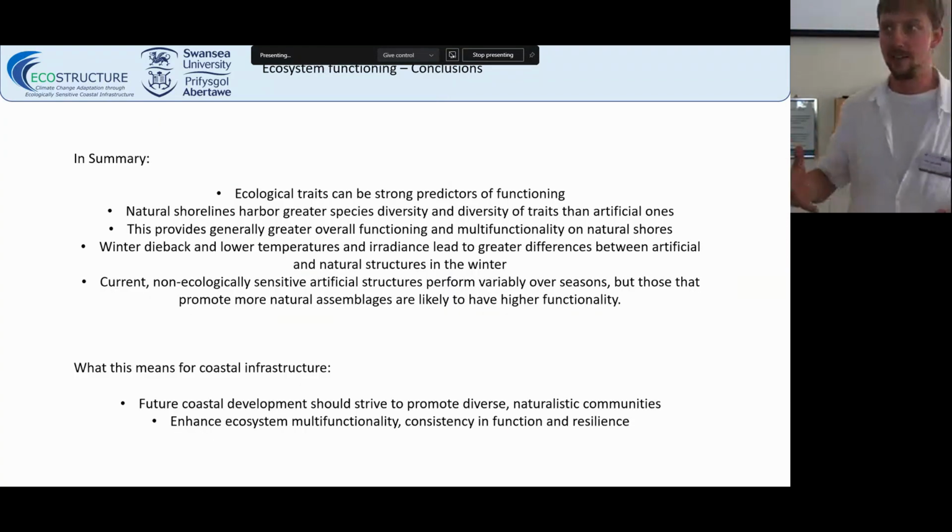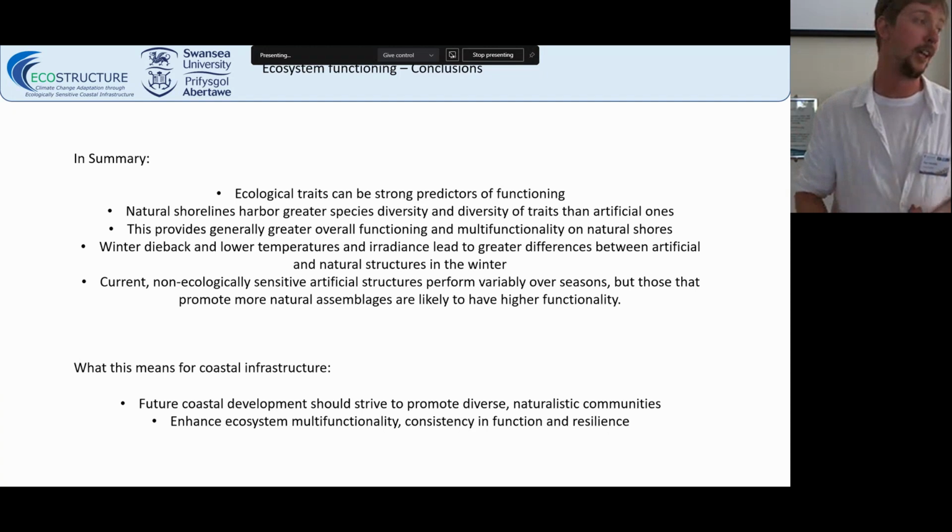So just to summarise the results very quickly, ecological traits can be really strong predictors of ecosystem functions, and we can use that to understand the environments that we have without having to measure them at each individual site.